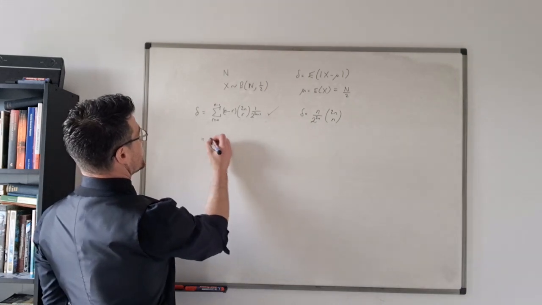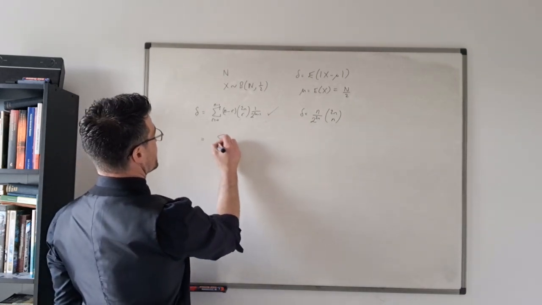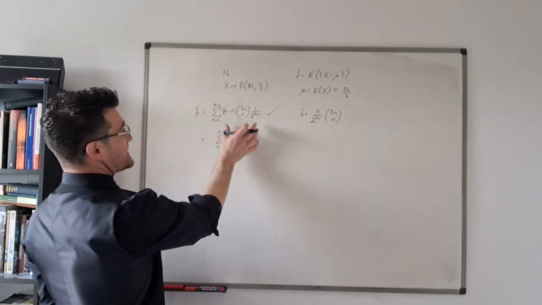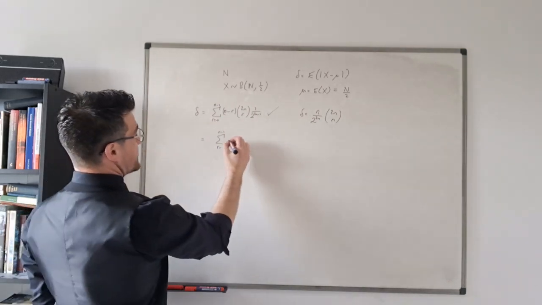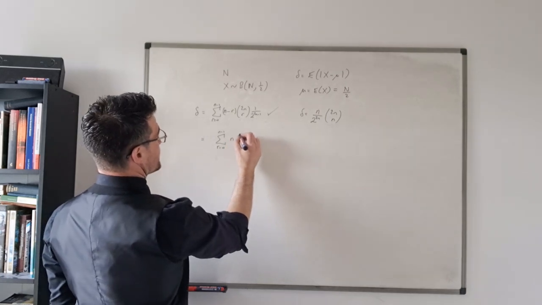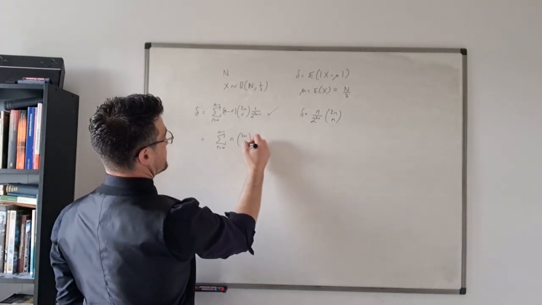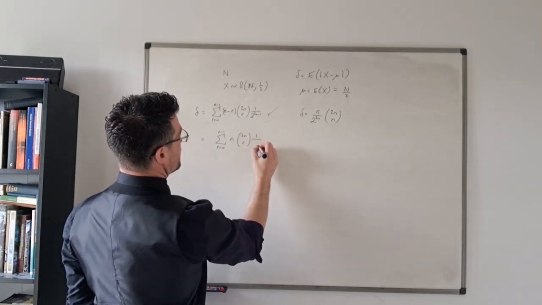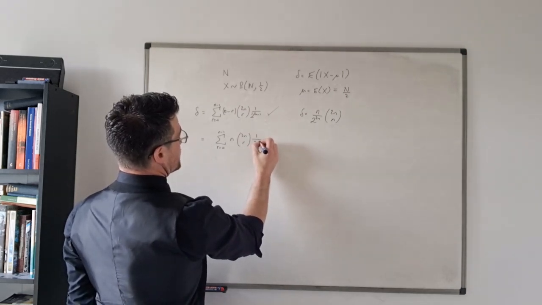Right, so our starting point here is going to be this. It's equal to the sum from r equals 0 to n minus 1. Now what I can do is split this up into n times 2n choose r times 1 over 2 to the power of 2n.